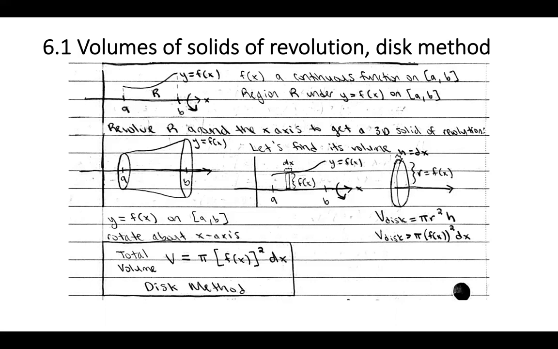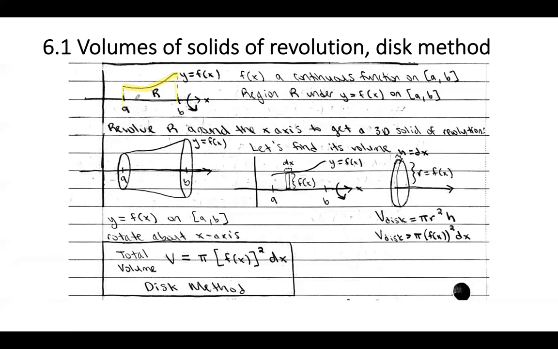So first let's go over what a solid of revolution is and how to find the volume using the DISC method. So let's think of f of x, a continuous function from a to b. So here is our f of x from a to b.